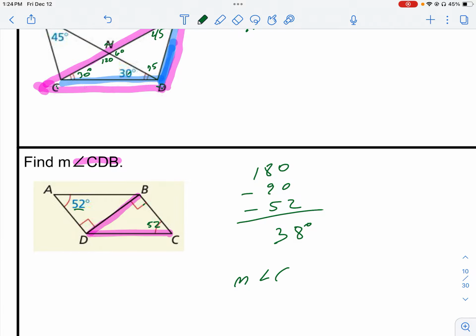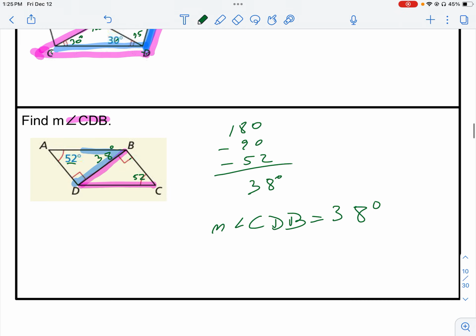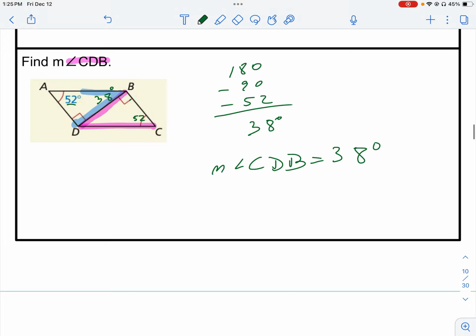The measure of angle CDB equals 38 degrees. And so then the measure of angle ABD is also going to be 38 degrees. And we are done.